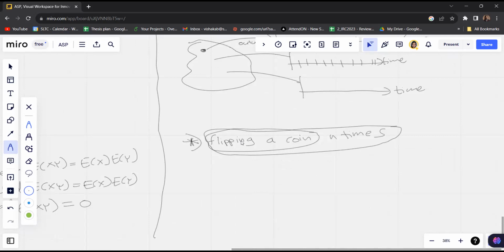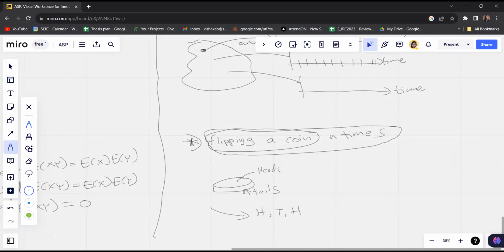If we consider a coin, we have heads and tails, and if we do this experiment one time, that means we flip a coin n times. The output of that will be maybe heads first, then tails, then heads, something like that.